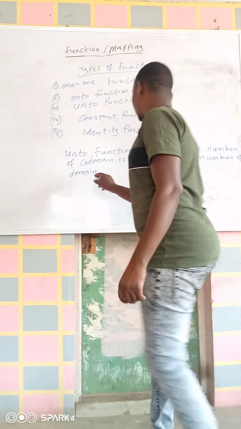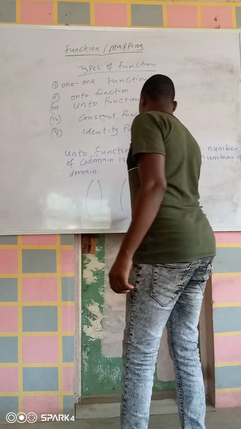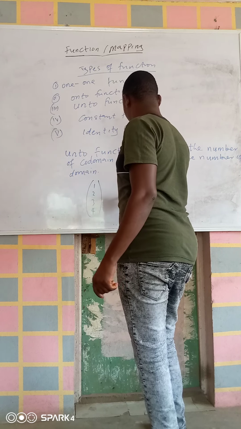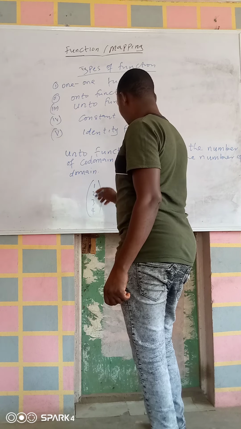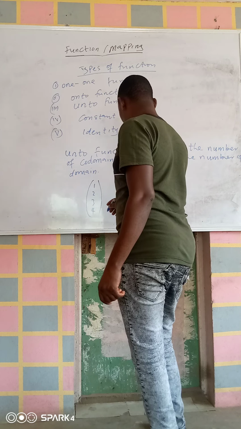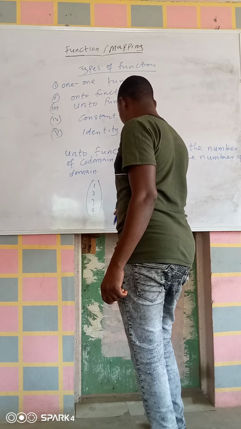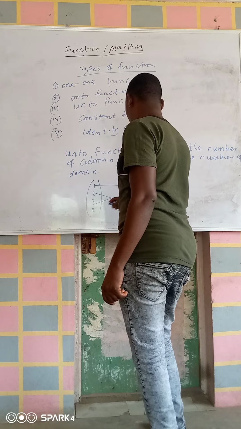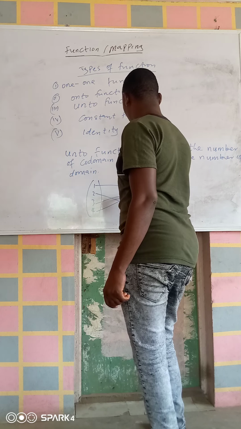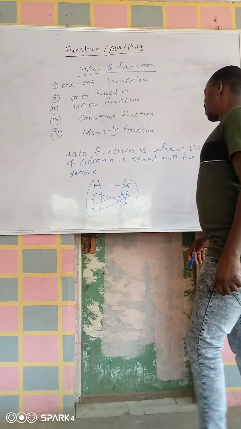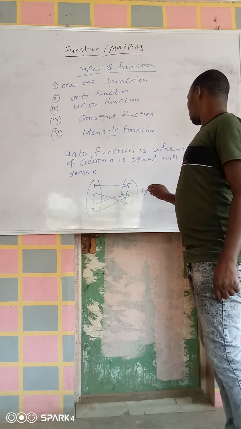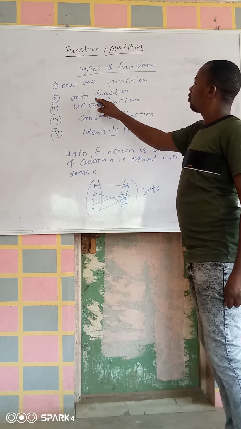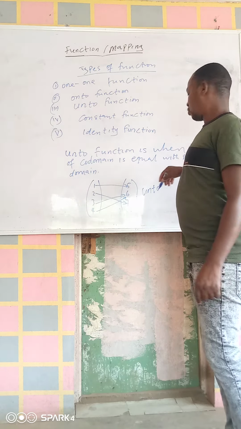So you can see it here. We have 1, 2, 3, 4 and 5, 6, 7, 8. You can have something like this, and the numbers are equal. This is unto, or onto. This is onto function.